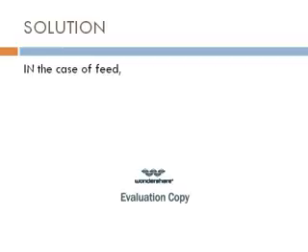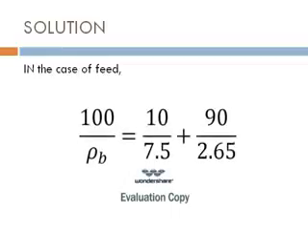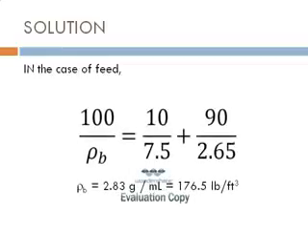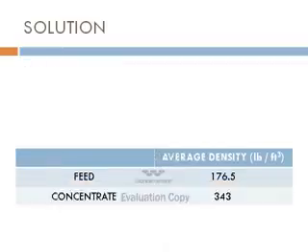In the case of feed, substituting the corresponding values would give us the average density of the solids in the feed stream to be 176.5 pounds per cubic feet. For the other streams, it is summarized in the table shown.